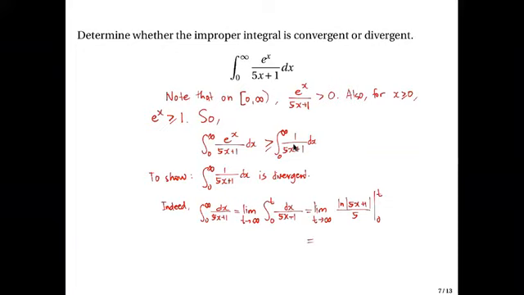This is the limit as t approaches plus infinity of ln of the absolute value of 5t plus 1, over 5. At 0, you just get ln of 1, which is 0. And this one now is plus infinity.